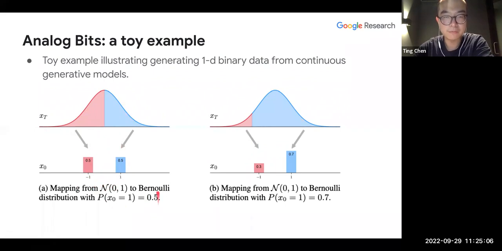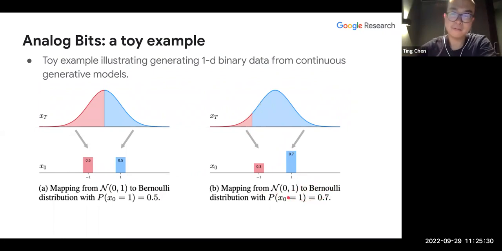You can do a 0.5 probability of Bernoulli sampling of 1. If you want other things like 0.7, you just cut this Gaussian in different locations, so the mapping in the sampling procedure will reflect the desired underlying Bernoulli distribution.